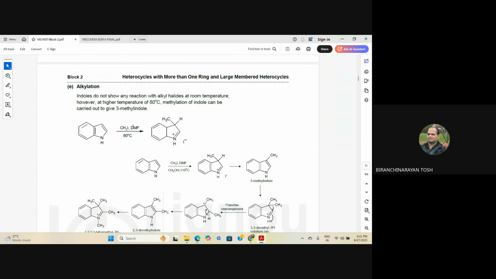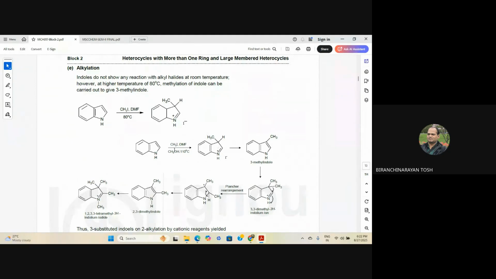When you take methyl iodide and DMF, the methyl group is substituted at the carbon atom. But after substitution at the 2 and 3 positions, if we give more and more methyl iodide, it will be substituted at nitrogen.